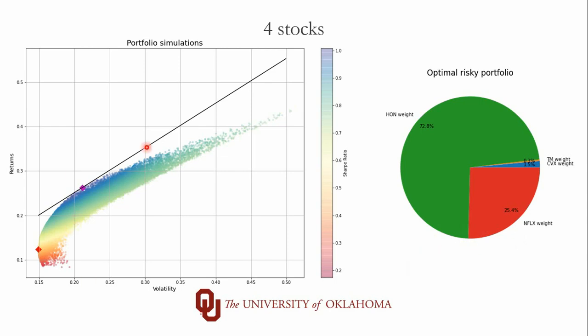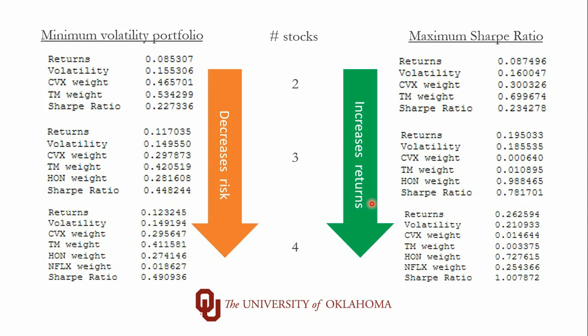So again, what we've seen on the three previous slides, this will be like the efficient frontier up here. Let's see, for 2, 3, and 4 stocks, the minimum volatility portfolios and maximum Sharpe ratios. As can be seen, by increasing the number of stocks, we find portfolios with even lower risk and higher returns.